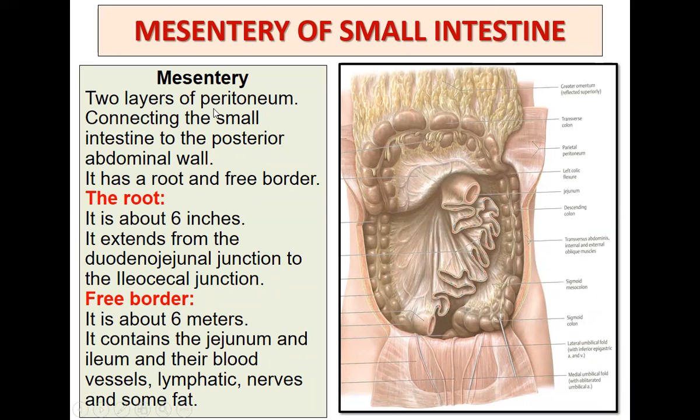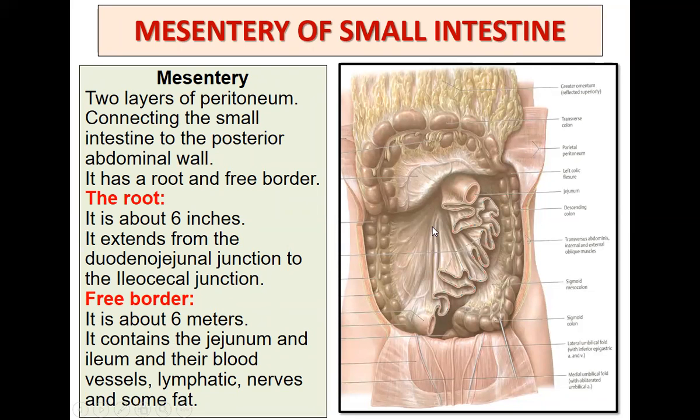Mesentery is nothing but two layers of the peritoneum. It is the two folds of the peritoneum connecting the small intestine to the posterior abdominal wall. As you can see here, a small part of the ileum. The peritoneum comes, covers the whole of the ileum and goes back.